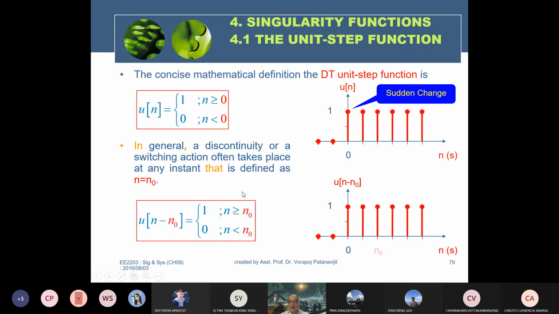This is the general form of the unit step function. You can see that this form is already in time shifting, so it will be shifted depending on n naught. If n naught is positive, it will be shifted to the right hand side. If n naught equals 2, the function will start at 2 here.